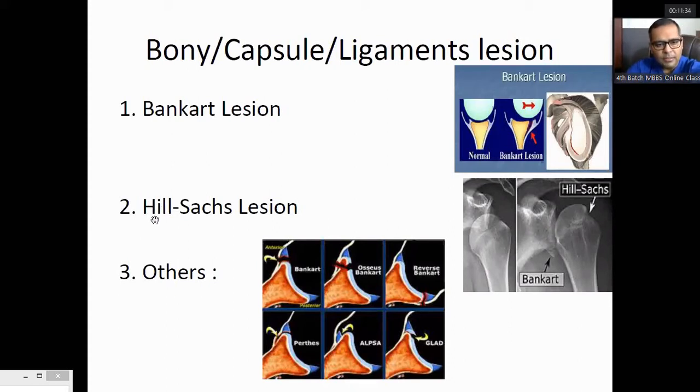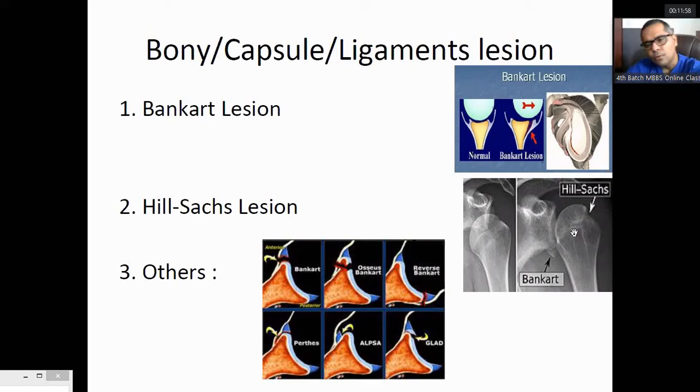Another lesion we see in long-standing cases, or sometimes in acute cases also, is the Hill-Sachs lesion. This is the Hill-Sachs lesion. When the humeral head dislocates anteriorly, the posterior superior part of the humeral head is eroded by the glenoid.